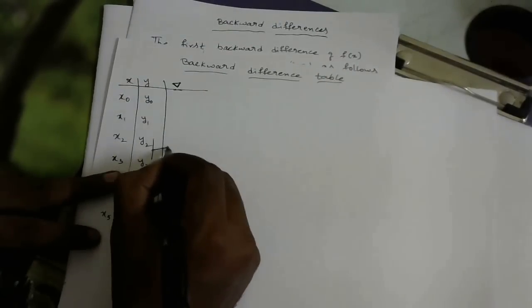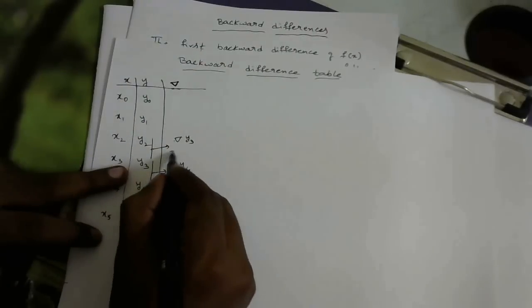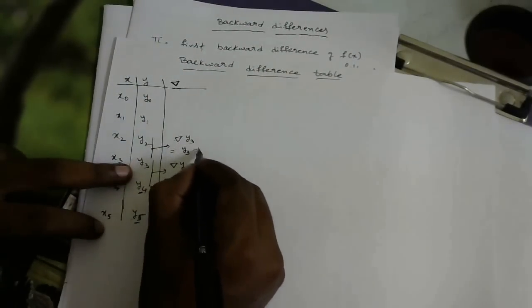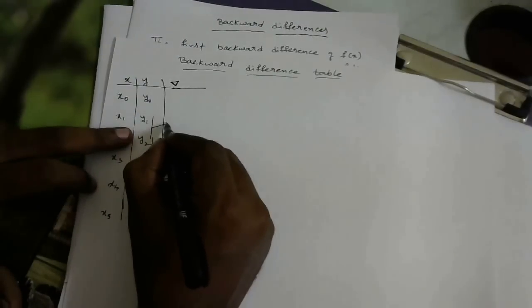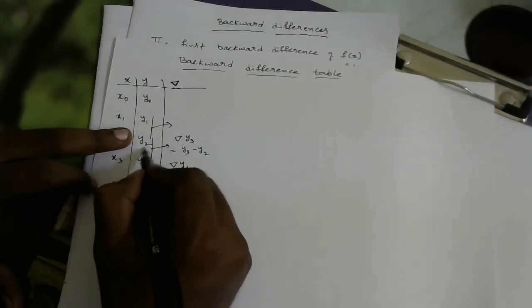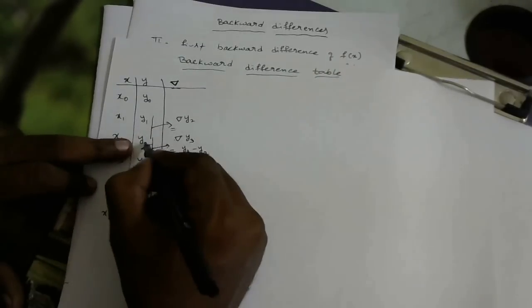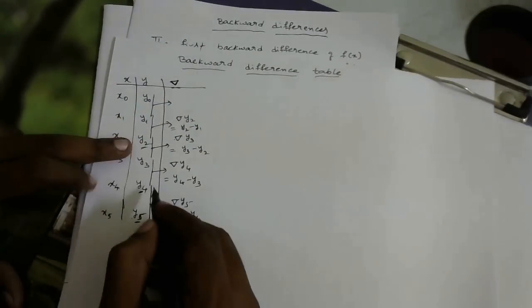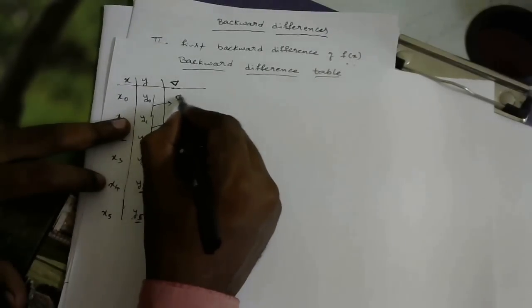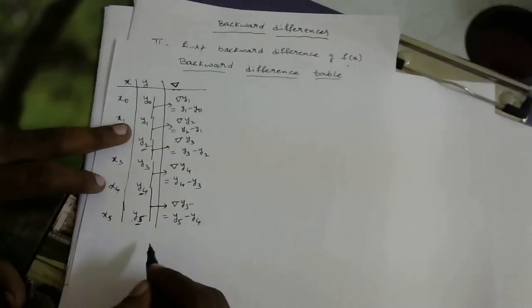Del y3 equals y3 minus y2. Del y2 equals y2 minus y1. And del y1 equals y1 minus y0.